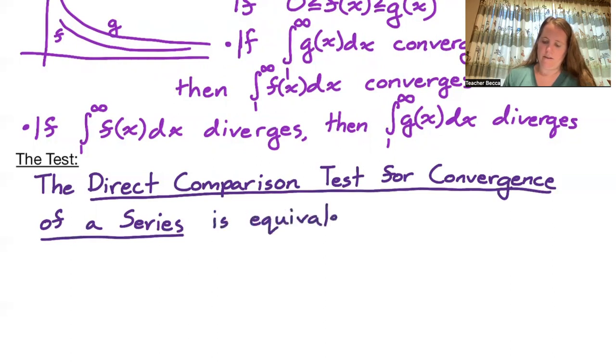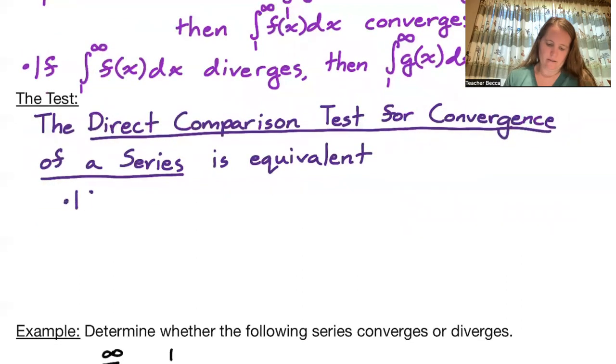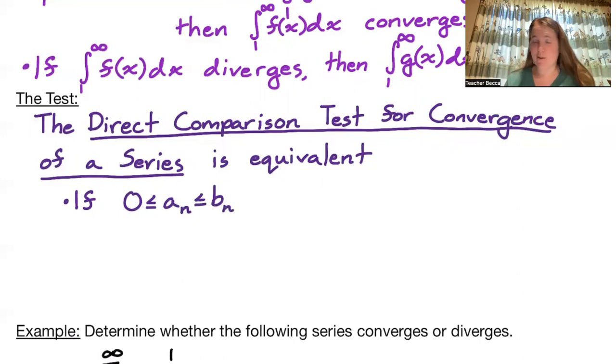So essentially, if 0 is less than or equal to a sub n is less than or equal to b sub n for large values of n, it doesn't matter what's happening for the smaller values as long as this holds for the large values.